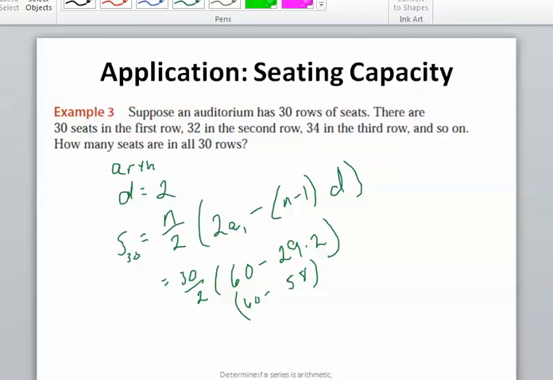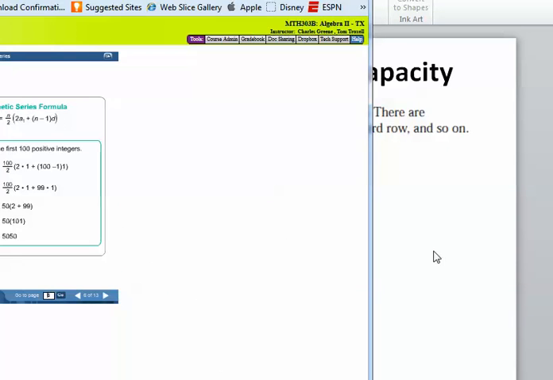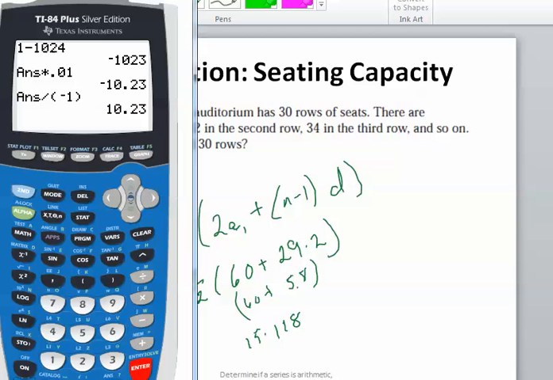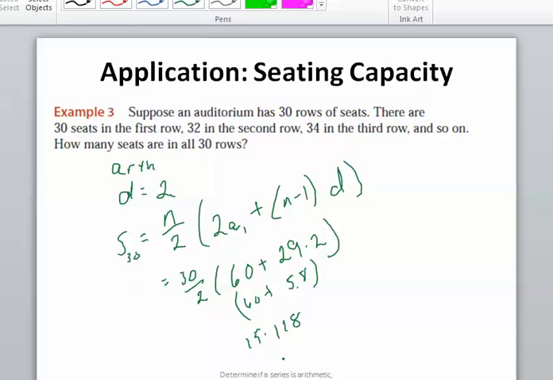Hang on. D is equal to 2. And is it minus? No, it's plus. That's what I'm doing wrong. I do that wrong every time sometimes. So 60 plus 58 is 118 times 15. So I got 15 times 118. 15 times 118 is equal to 1,770. So the auditorium has 1,770 seats.